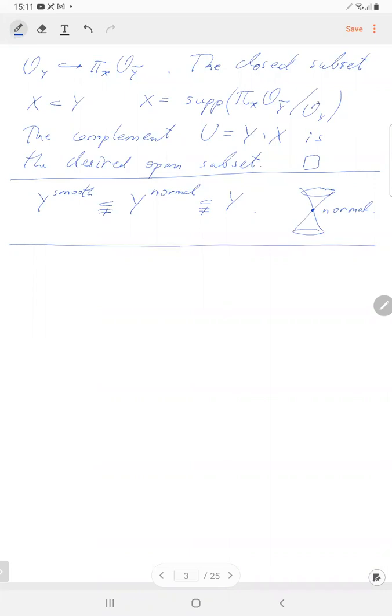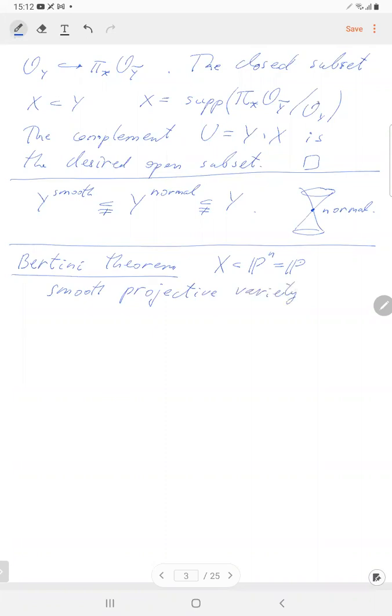Okay, and now let's prove another very useful theorem due to Bertini. And it is about projective varieties. So we start with an irreducible projective variety X, smooth. Okay, and we are going to consider its hyperplane sections.